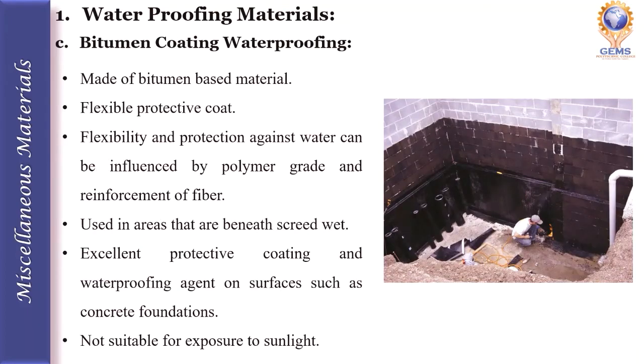The third material is bitumen coating waterproofing. This bitumen coating, or asphalt coating, is made of bitumen based material. It is a flexible protective coat based on its formulation and polymerization grading. The flexibility and protection against water can be influenced by its polymer grade and the reinforcement of fiber. The most common application of bituminous coating includes areas beneath the screed, which are wet.